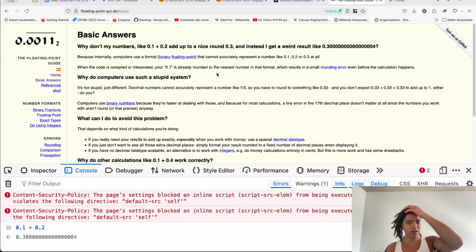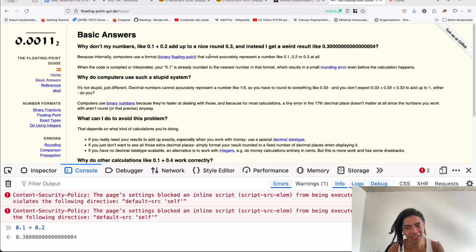So why don't my numbers, like 0.1 plus 0.2, add up to a nice round 0.3, and instead I get a result like this? Because internally computers use a binary floating point format that cannot accurately represent numbers like 0.1, 0.2 or 0.3 at all.